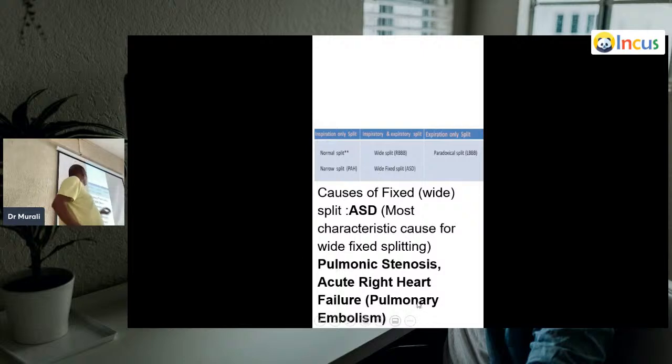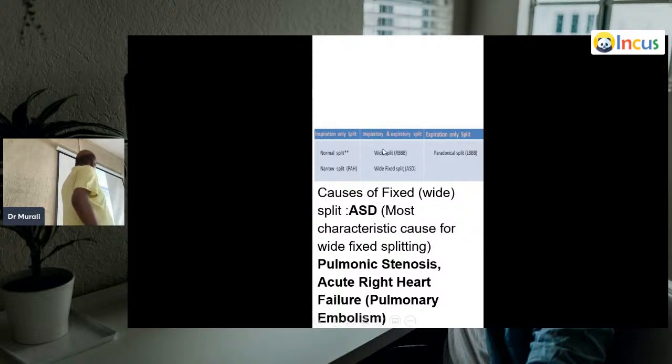Pulmonary arterial hypertension, what will happen? The high pressure in the pulmonary artery will kick the pulmonic valve very fast. So P2 closure occurs early. So the split becomes narrow. So both a narrow split and normal split, they both are heard during only inspiration. Only inspiration. Agreed?